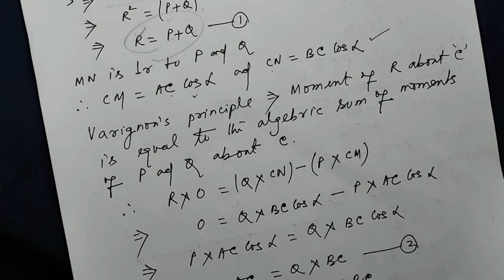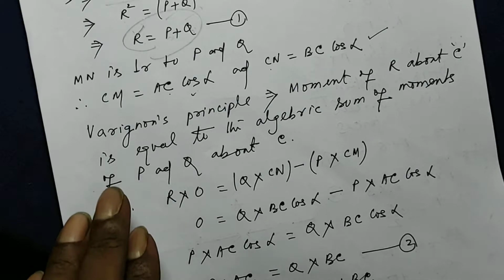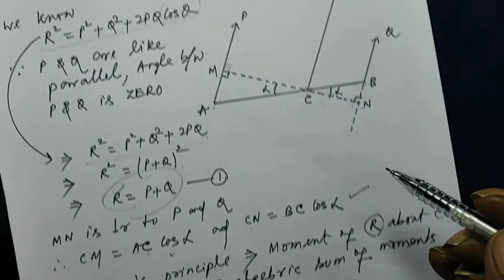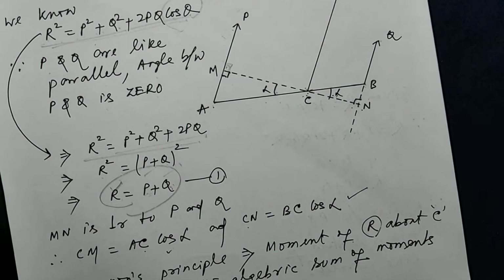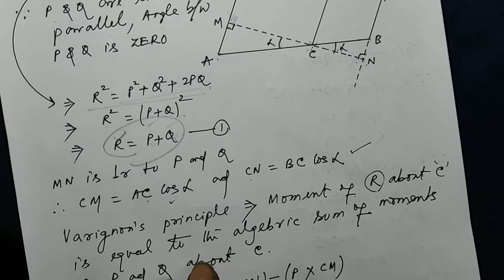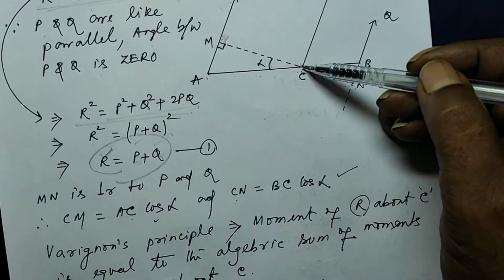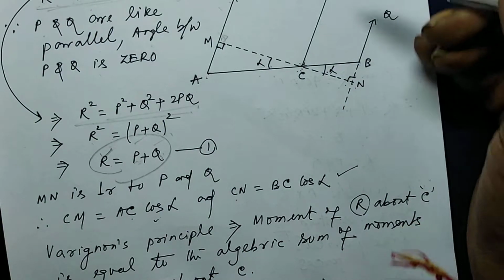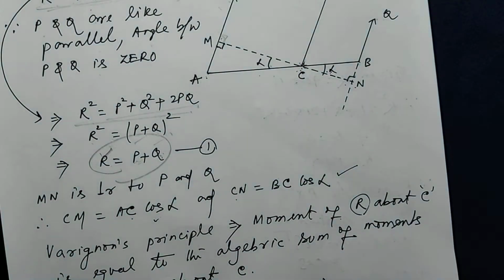Now the principle of Varignon's theorem, what it is: the moment of the resultant R, this is the resultant R of P and Q. The moment means the turning effect of this resultant about C. Since this resultant is passing through the point C, the resultant does not have a perpendicular distance from C, so its moment about C will be 0.